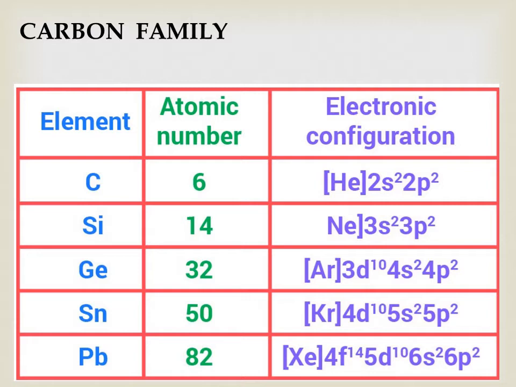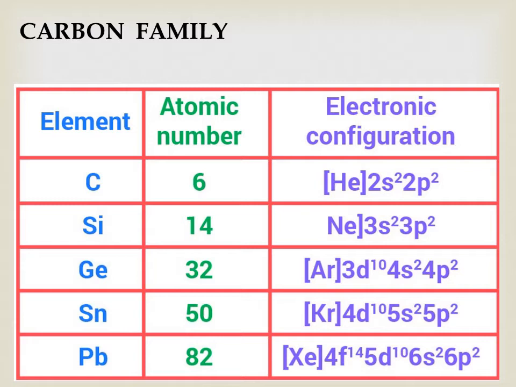Similarly, for silicon it is 1s2, 2s2, 2p6, 3s2, 3p2 and so on. For germanium, you can see that the noble gas is argon. For tin, the noble gas is krypton. And for lead, the noble gas is xenon.